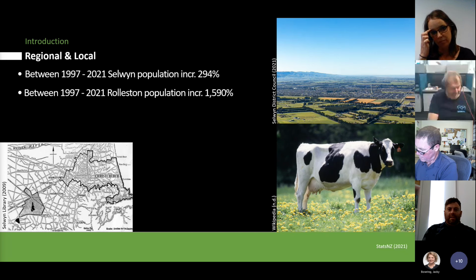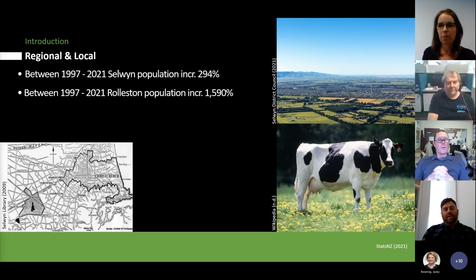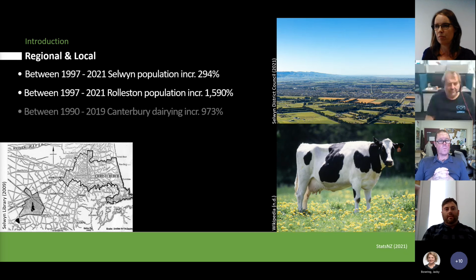And I don't know if you can see the image on the bottom left there, but it's an old photo from the Selwyn Library, and I've outlined Ashley Dean right in the bottom corner, maybe a bit small for you. But that just shows you the peri-urban context that the farm sits in.